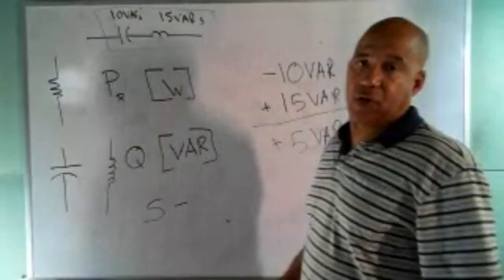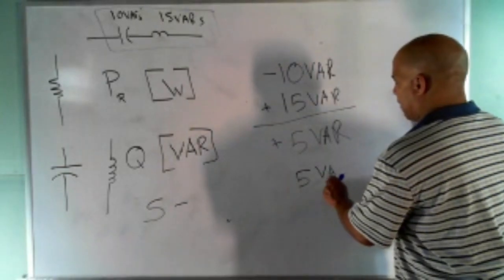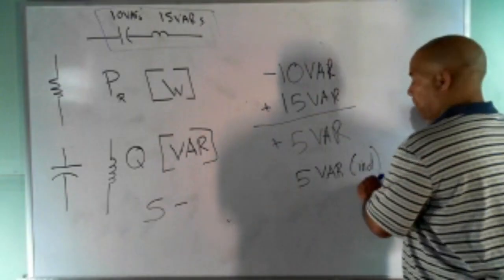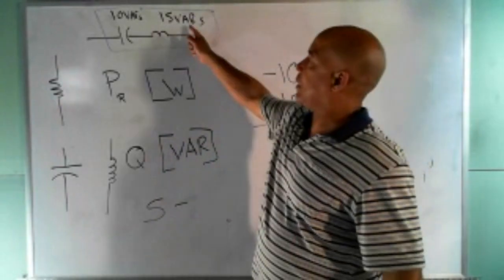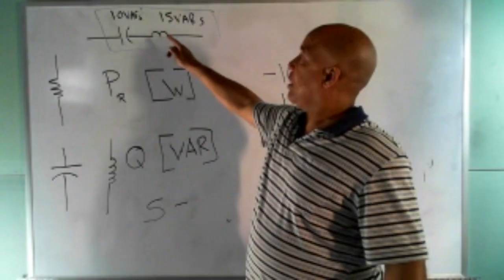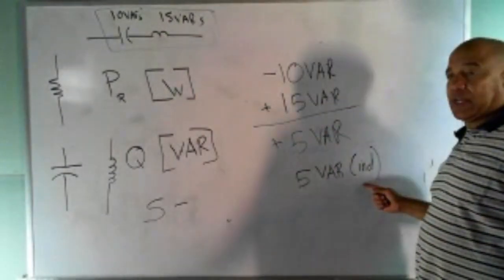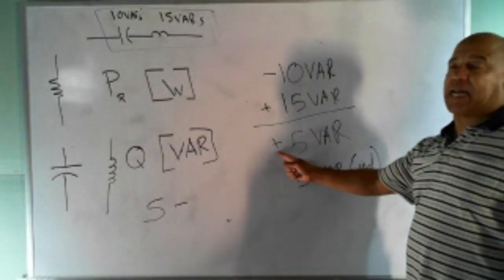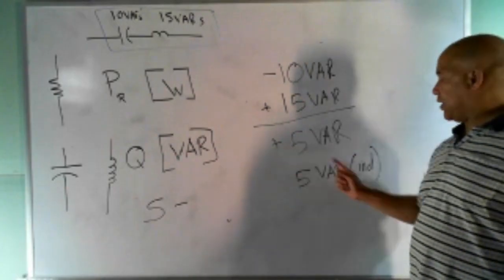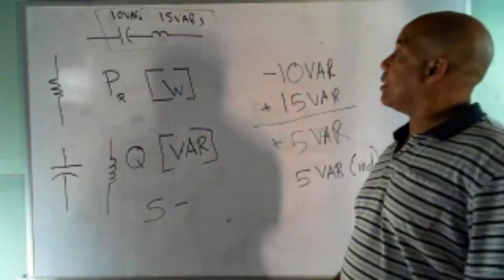So that's one way to show it. Another way to show it is 5 VAR inductive, because my inductive power was bigger than the capacitive power. The fact that the power left over was positive means that these VARs are inductive. So if I show the positive sign, I don't have to write the IND after it. If I don't show the sign, then I want to show the IND to identify what kind of VARs we're talking about. So that's important.